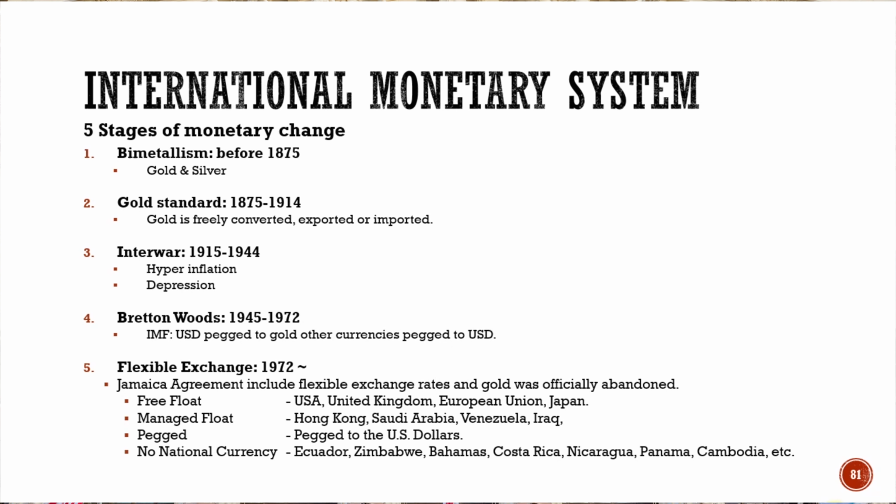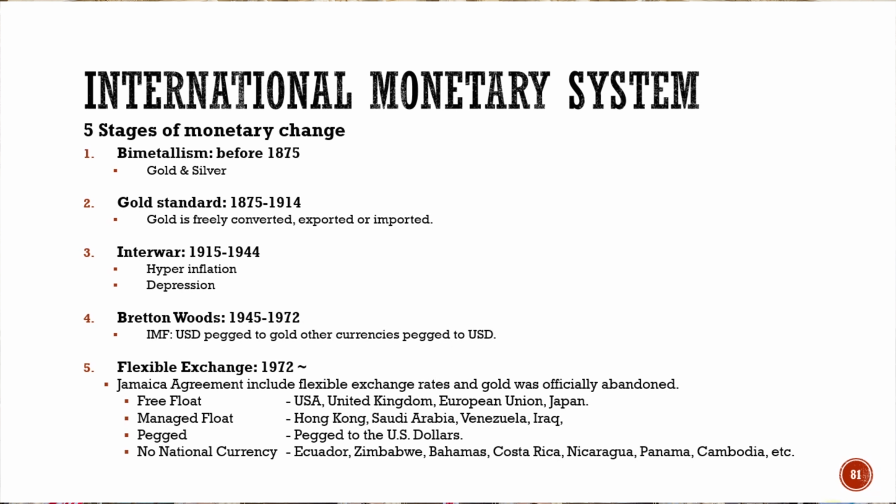The rest of the world found this to be a huge challenge. So during the Jamaica Agreement in 1972, they decided to leave the Bretton Woods system and move to a flexible exchange rate, and gold was officially abandoned as a currency.